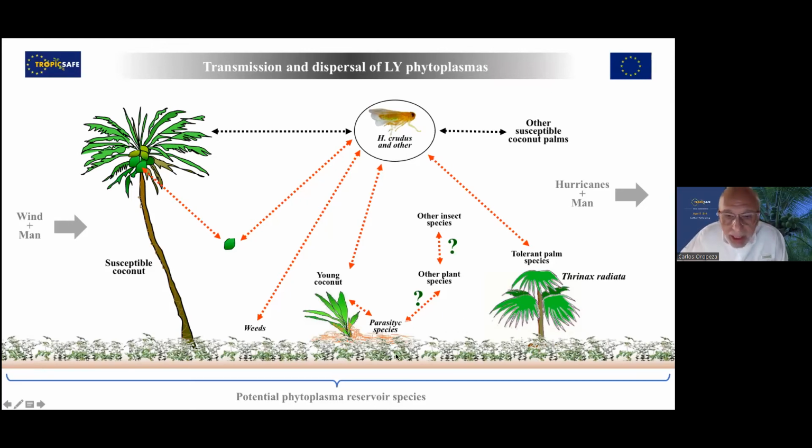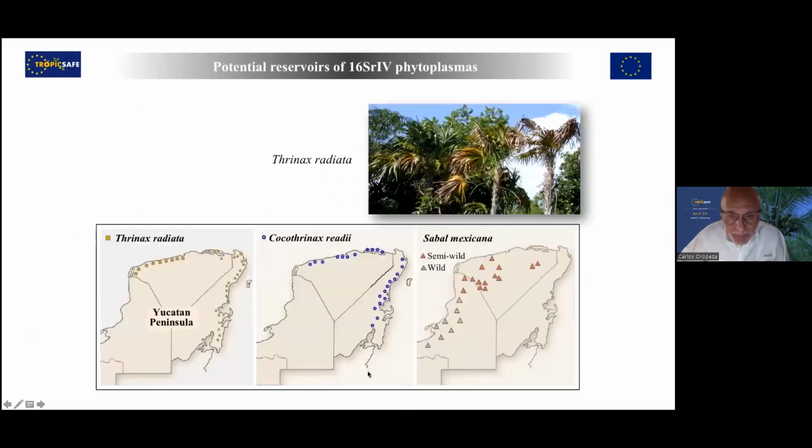The same could be thought for weeds, which are very many species present. And as they have reported in some of the presentations already, it is a common finding. Well, so the idea of reservoirs is very important because, for instance, in the case of Thrinax, this is how it is located in the Yucatan Peninsula. Same for Coccothrinax readii, and Sabal will be on the other part where these are not present.